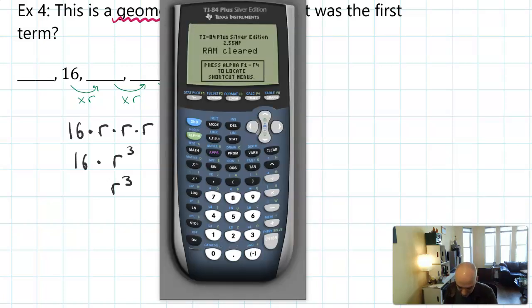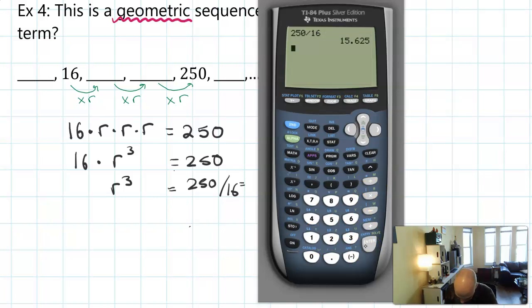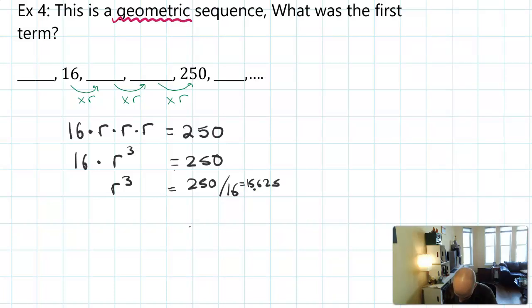It does help. When we're dealing with exponents, it's nice to have a calculator. So we'll go ahead and get that out. So that's about 15.625. But that's equal to r to the third. So I need a way to get rid of that r to the third. Well, remember how you get rid of an exponent like this? You take the matching root.